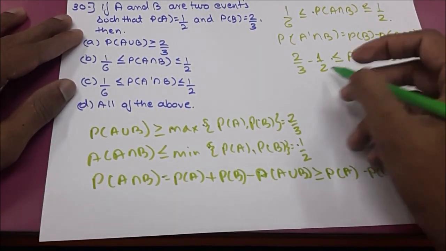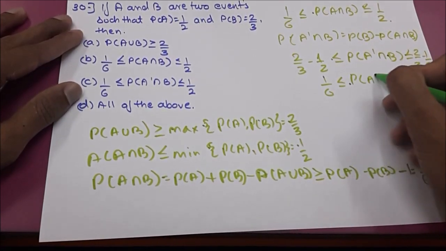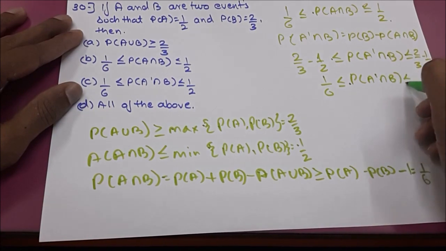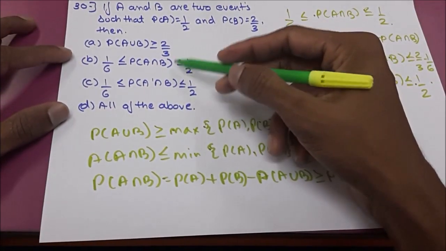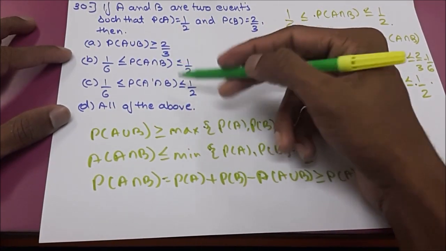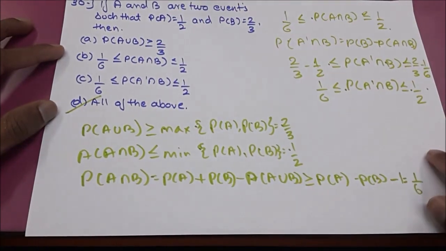If we check, we solve this, we get 1 by 6 less than or equal to probability of A complement intersection B less than or equal to 1 by 2. We get all the values for every probability, therefore D is the correct answer. That is, all of these are the correct answers.